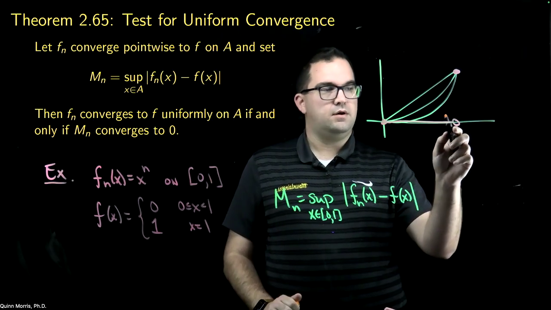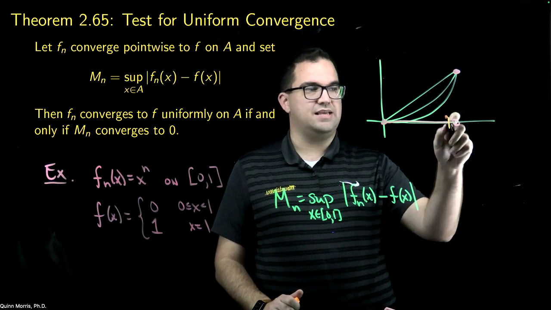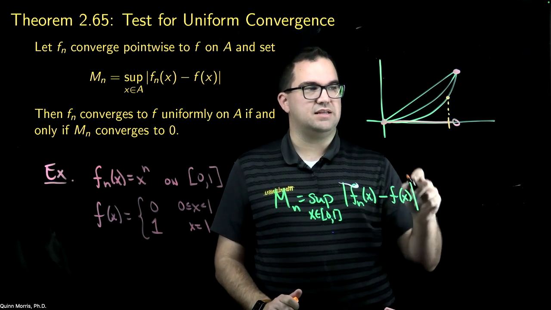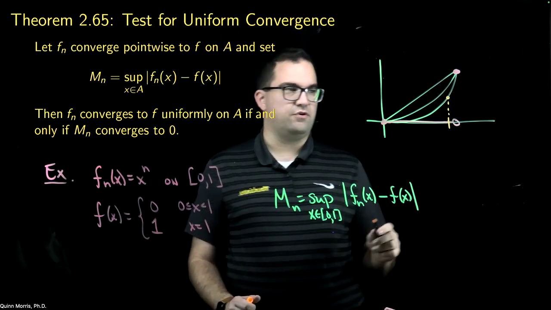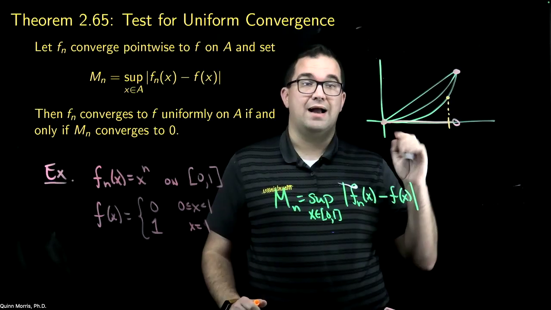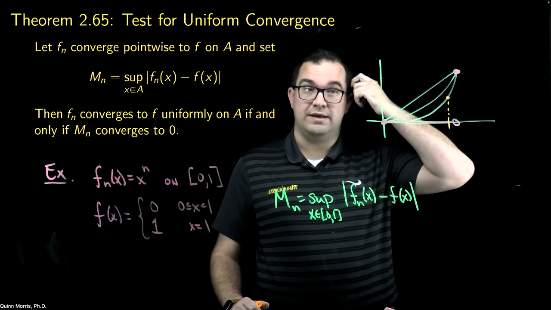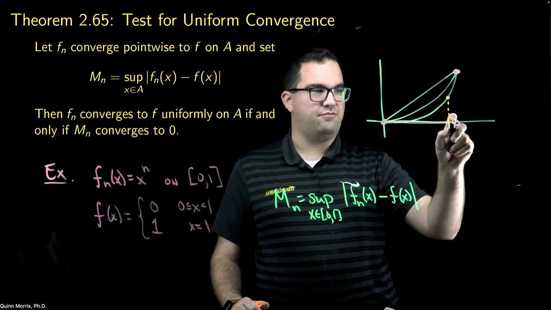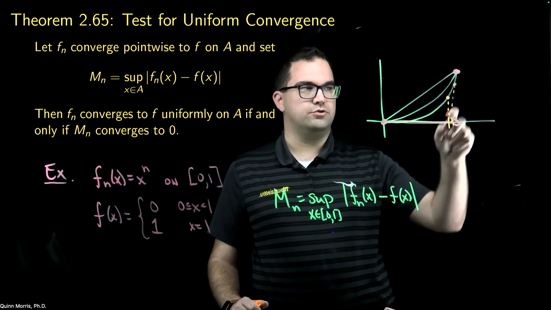Well, I can always go sufficiently close to x equal to 1 and get a difference that's as big as I would like, right? Well, hold on, I should be careful. I can't get one as big as I would like, but I can get it as close to 1 as I would like. So there's one that's up to a half, but I could go over a little further, and maybe there I'm at 3/4, right?